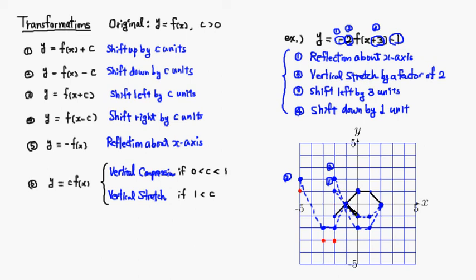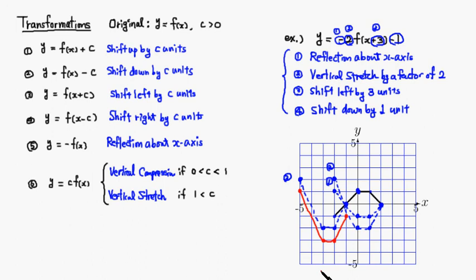And this point is going to go down 1 unit right here. So the final graph that we're looking for is going to look like this. Connect those dots together. So it's going to go down, go through here, and there.